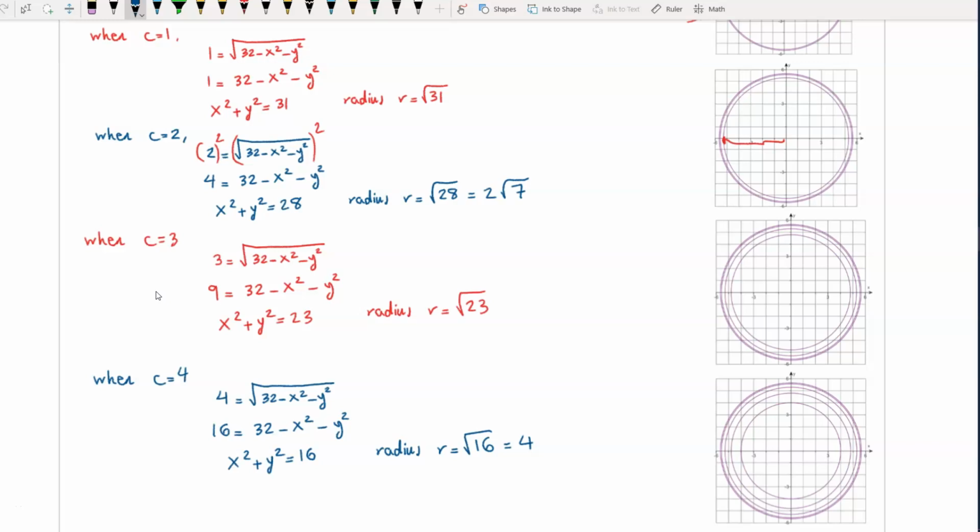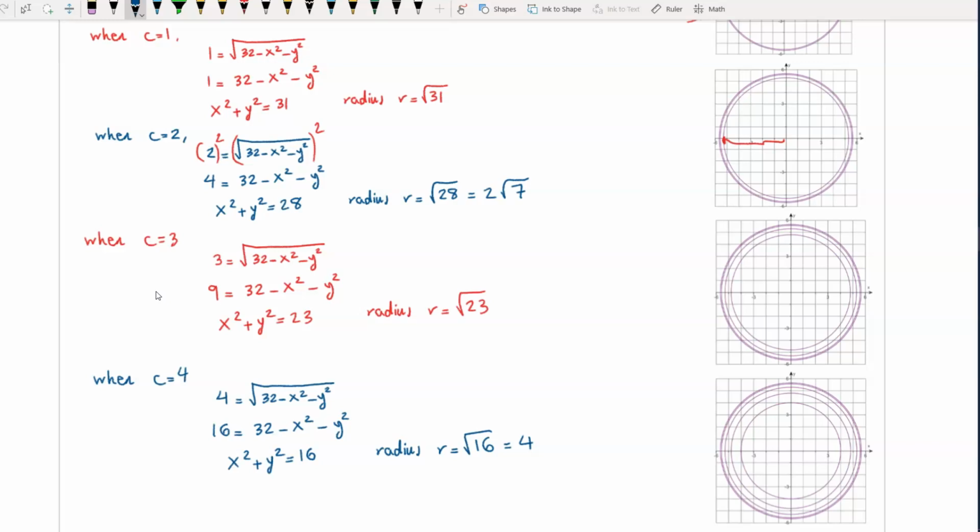So here we have 9 equal to 32 minus x squared minus y squared. Simplify. Here we have x squared plus y squared equal to 23. So here again, we have circles centered at origin, and radius is equal to square root of 23. So I added the outer circle on this part.